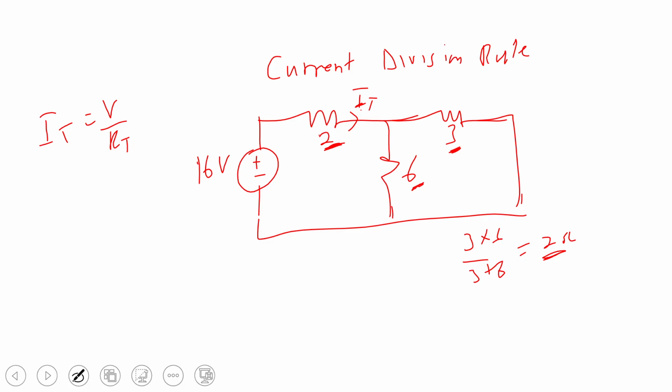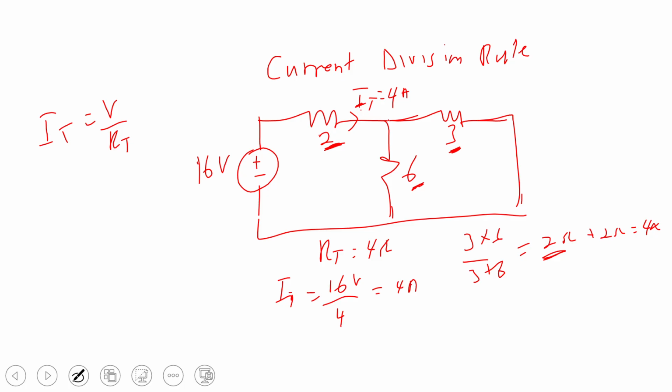If you watch that video, you'll be able to understand that it's going to be in series with this. So realize that the total resistance is 2 ohm plus 2 ohm, which is 4 ohm. Realize that the total current flowing is 16 volts divided by the 4 ohm, and that is going to give us 4 amps. So easily we get to know the total current is 4 amps.